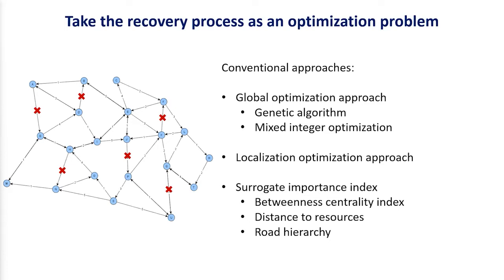We can also take the problem as a local optimization approach, which means in every time step we always repair the road segment that improves the system performance the most. However, local optimization will get trapped in a local optimum rather than a global optimum. That is the thing that we would like to avoid.